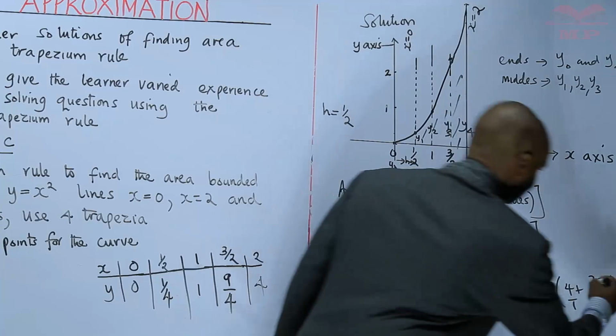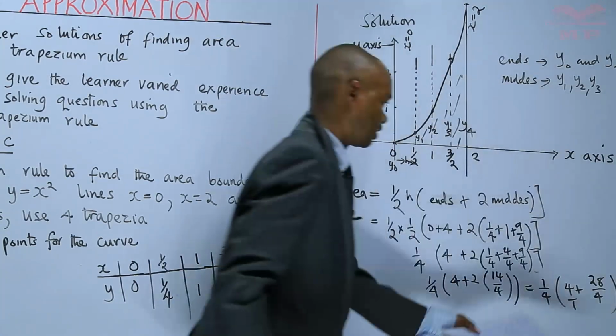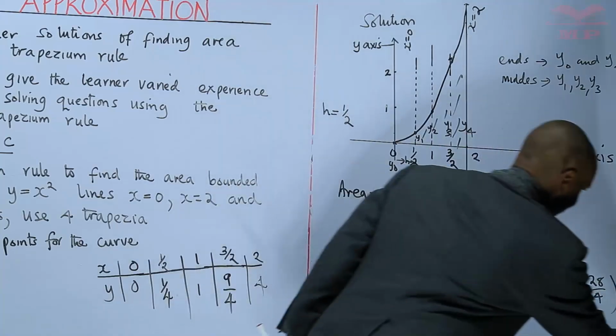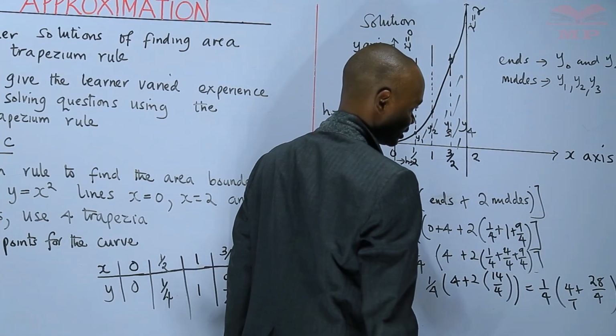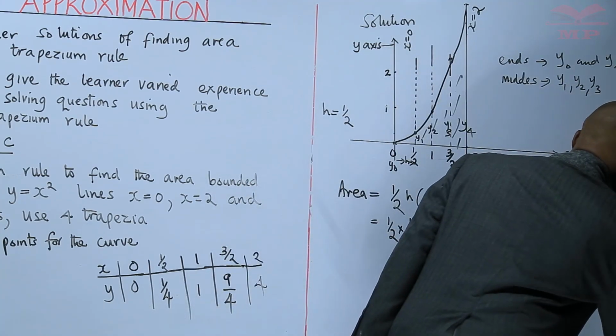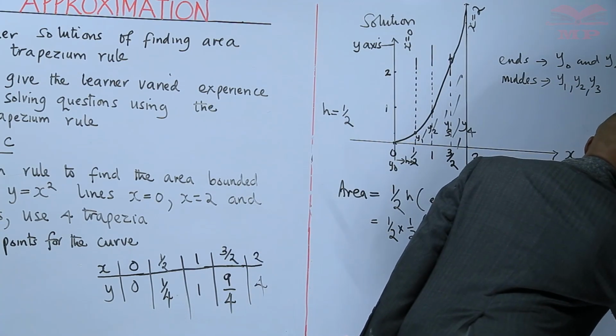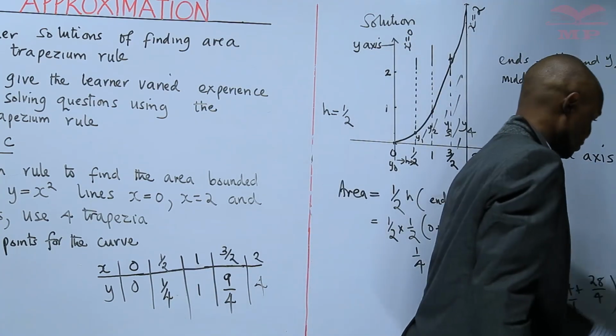So it will work to a quarter into, the LCM there is 4. 4 divided by 1 is 4. So this is 16 plus 28. So you'll get 16 plus 28 is 42.